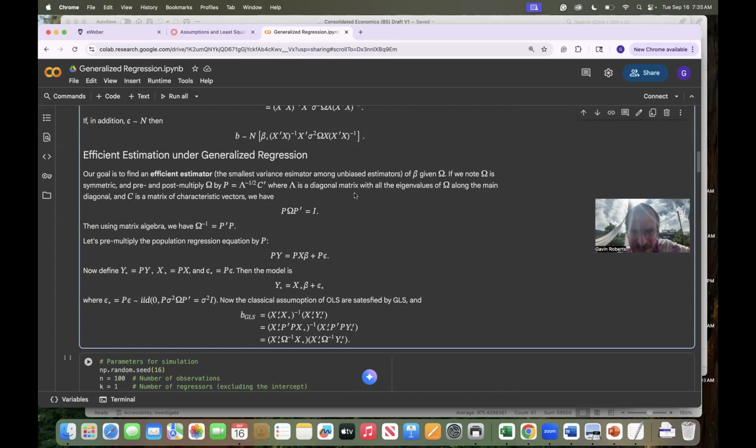This is a diagonal matrix with all the eigenvalues of omega along the main diagonal, and C is a matrix of characteristic vectors. I'm not going to ask you to prove or completely understand what I just said, but if you know about those issues, then you can follow what I'm saying right there.